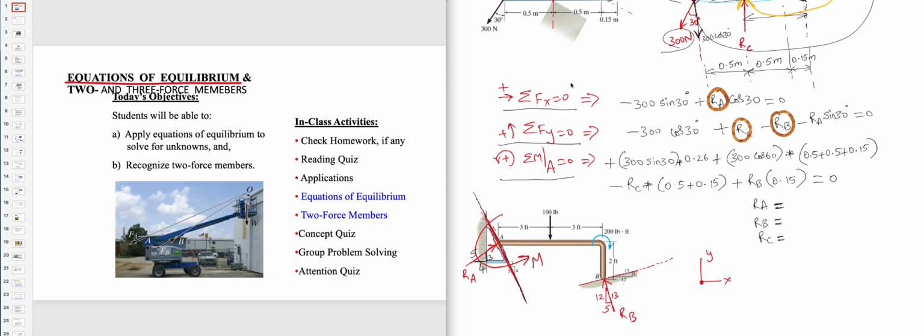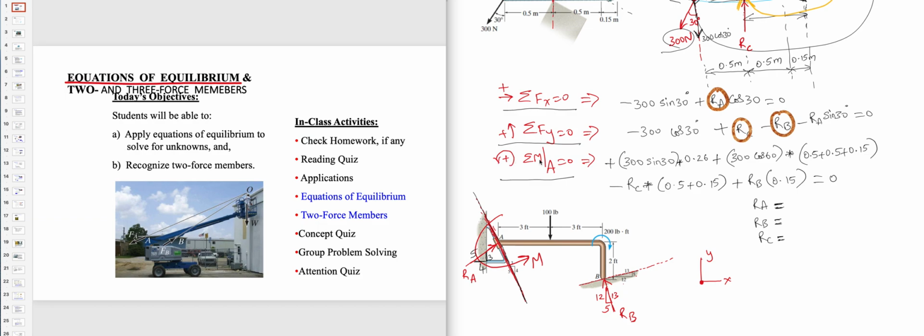That means sum of all the forces have to be 0 in all the directions. Otherwise, the body will be subjected to certain acceleration. So sum of all the forces equal to 0 means the body has 0 acceleration, or the body is moving at a constant velocity.